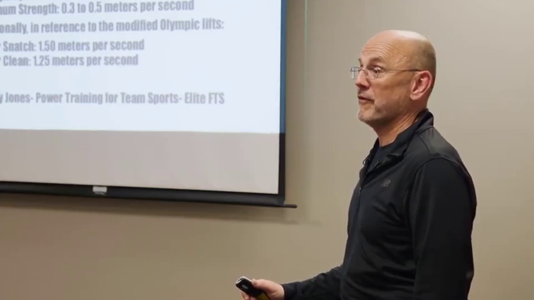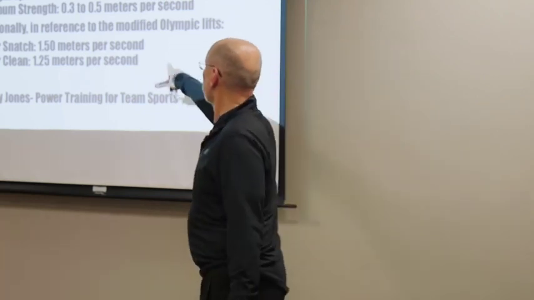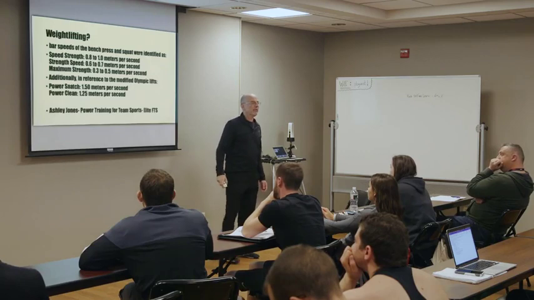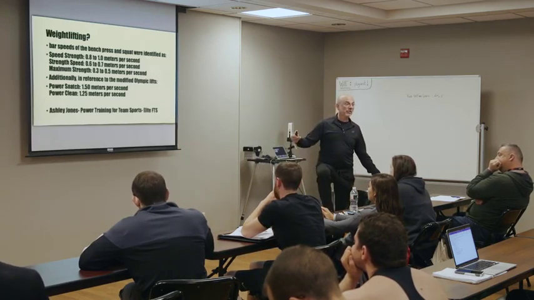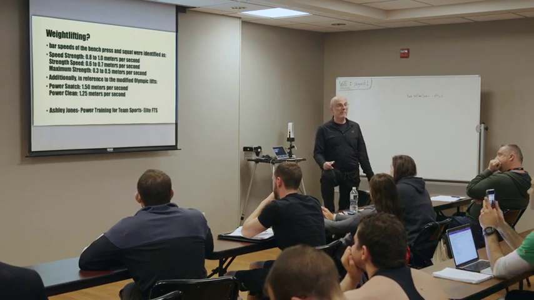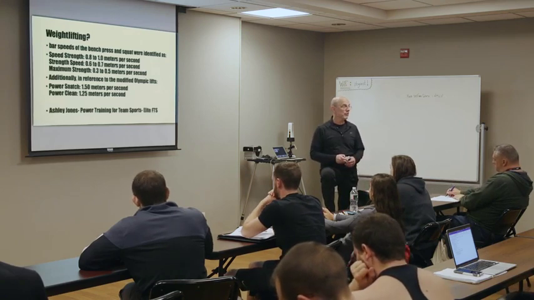That's not very fast. If you look at the fastest things that we could do, power snatch, we don't even get to 2 meters a second in the weight room. And this is why a guy like Tony thinks sprinting is such a powerful tool, because there's a massive difference between 10 meters per second and less than 2 meters per second.